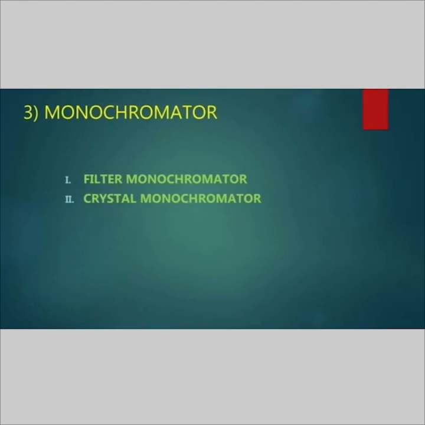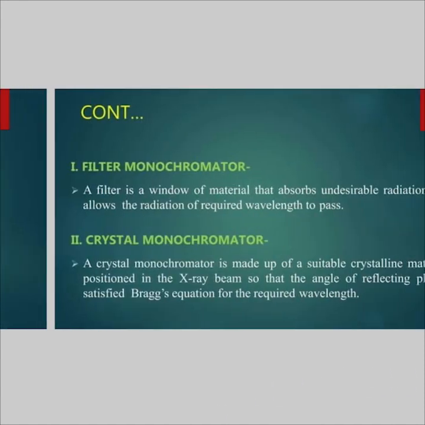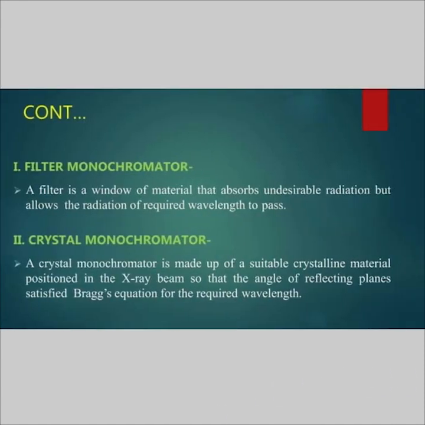Now the third one is the monochromator. There are basically two types of monochromator which are used: the first is the filter and the second is the crystal. What is a filter monochromator?